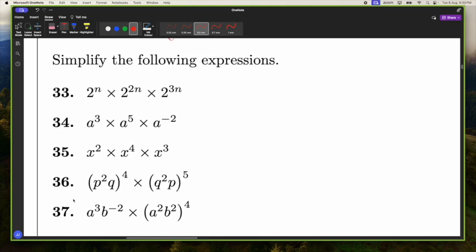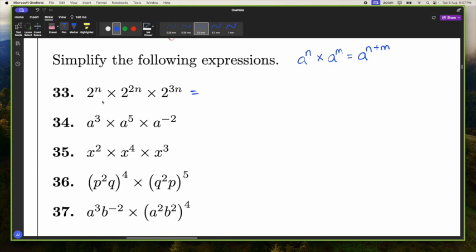Simplify the following expressions. So simplify these things. Let me see what's going on with this now. Remember when you're multiplying, we're talking about a to the n multiplied by a to the m. You have to add your indices.